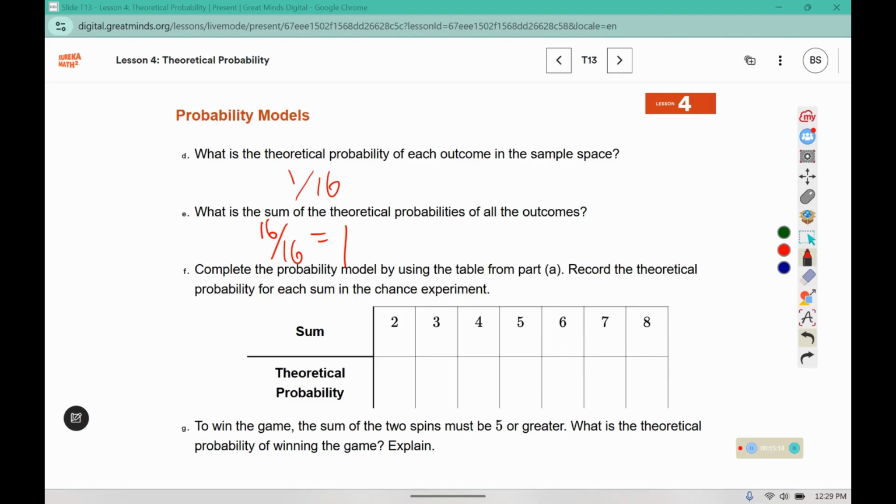Then it says complete the probability model by using the table from part A. Record a theoretical probability for each sum of the chance experiment.